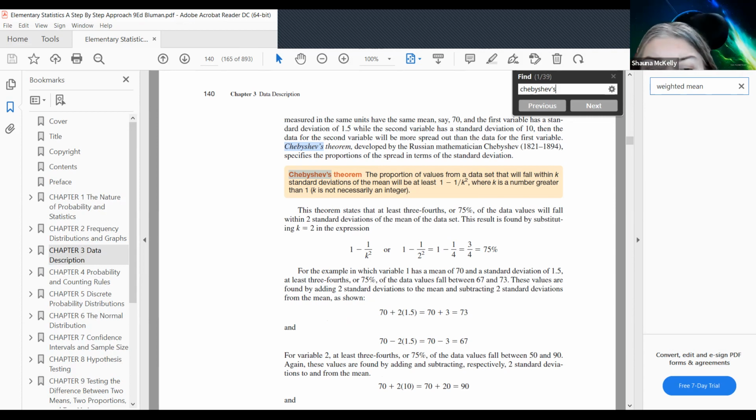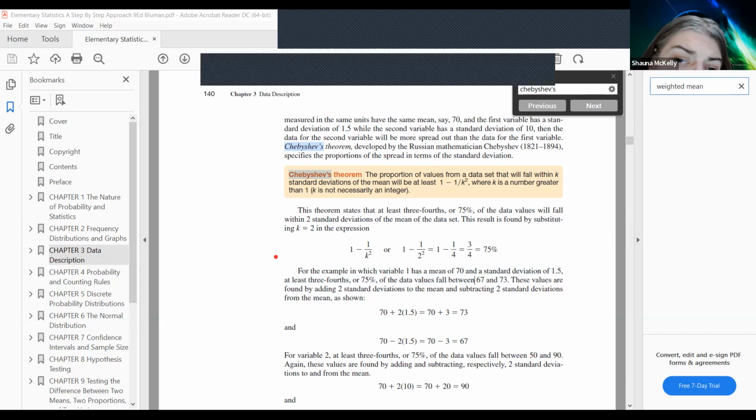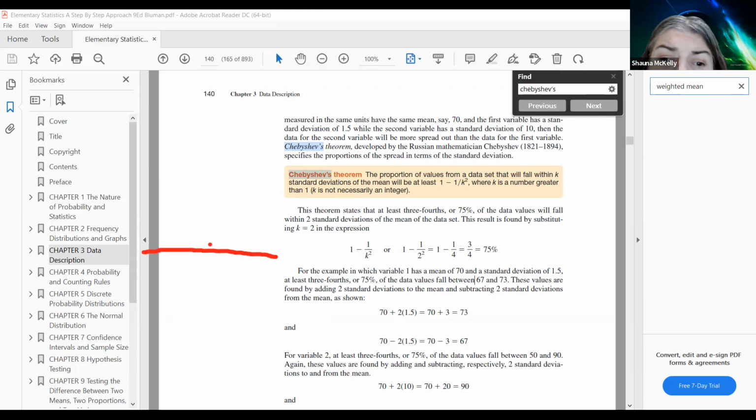It says variable 1 has a mean of 70 and a standard deviation of 1.5. So what this is saying is that we have a mean of 70. I don't draw the distribution because I don't know what the distribution looks like, but the number line will help me. I put the mean in the middle, because for our purposes it doesn't matter where the mean is. We just have to know how many times we're moving it.